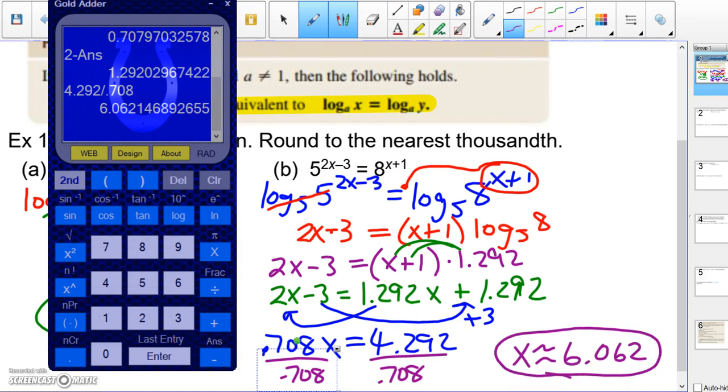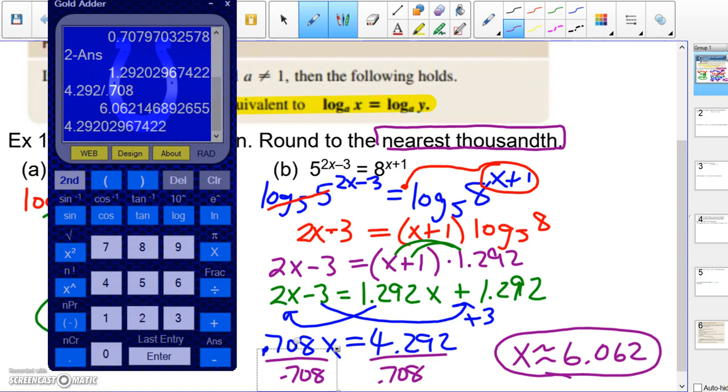Now you want to be careful. Technically, I probably should have kept more than 3 decimal places. If you're rounding to the nearest thousandth, you should really type in more decimals. So really what I should have done is use the whole thing, 4.29202967422.